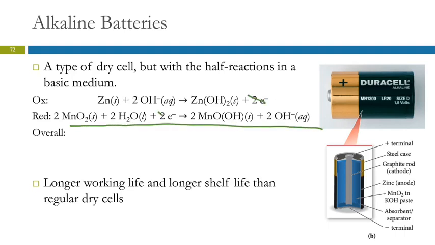The electrons, of course, cancel out. The hydroxides cancel out. And so we're going to get zinc metal plus 2 MnO2 solid and 2 H2O liquid.